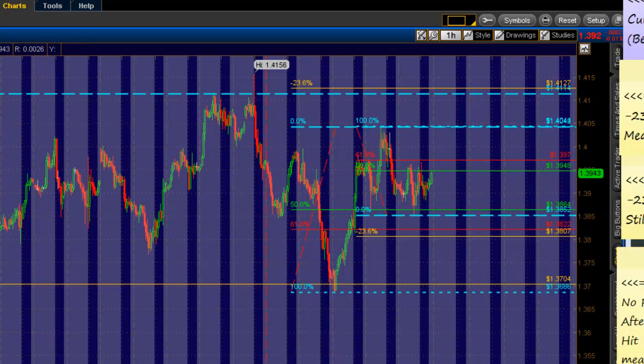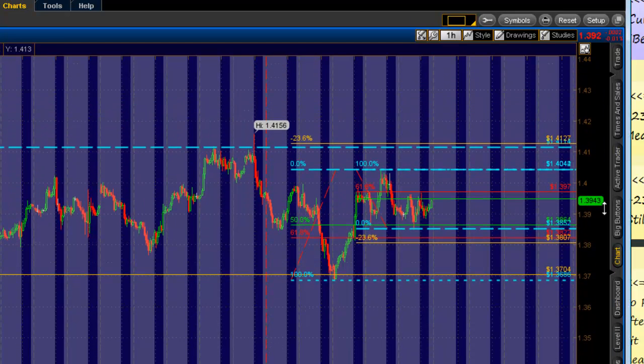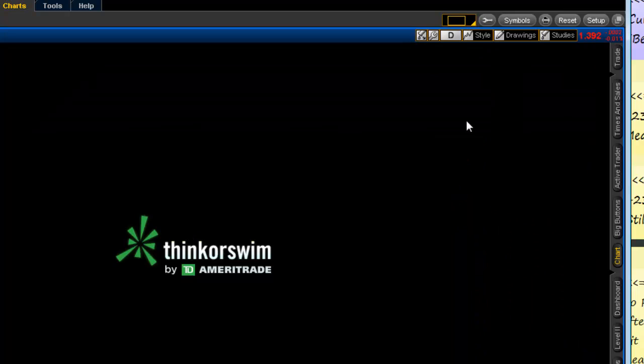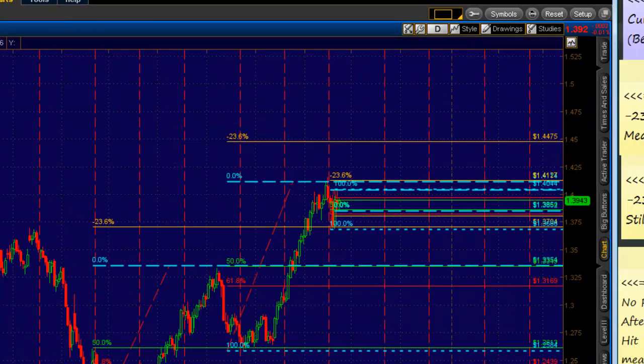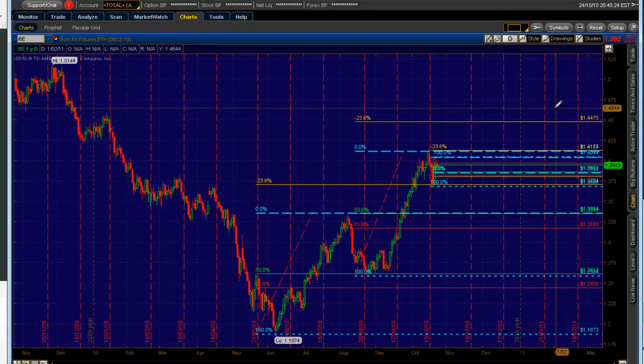Now if we go back to that higher time frame, we do have to have a pullback all the way down to this area here to get to that second measured move.